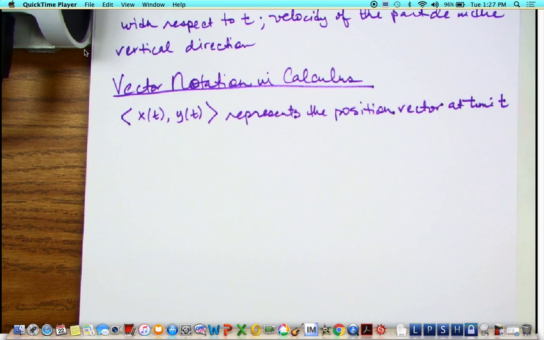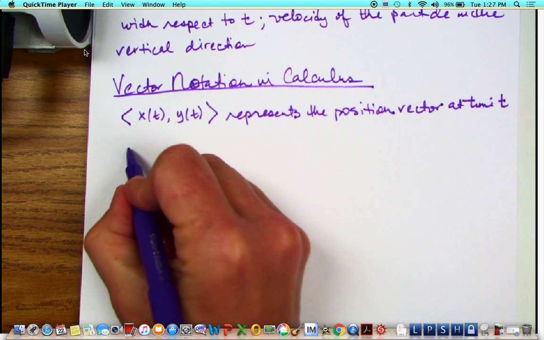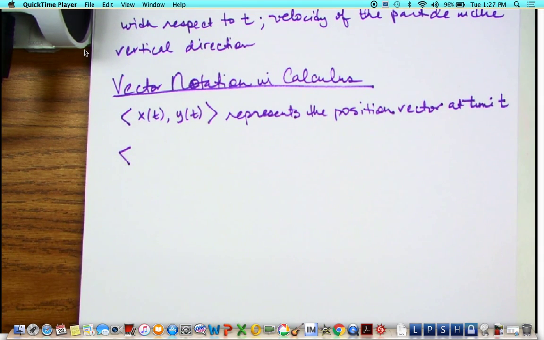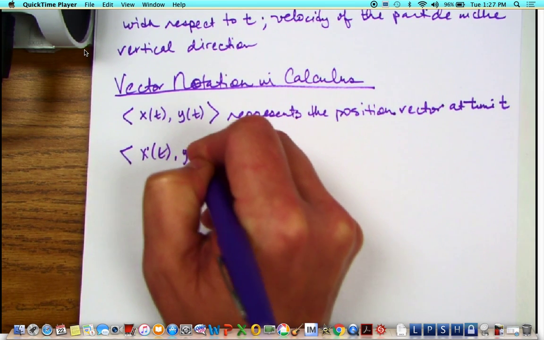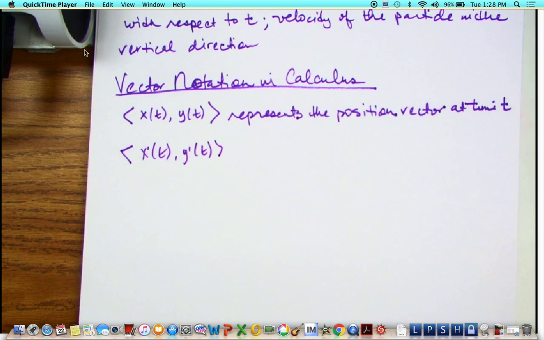And then if you're asked for a velocity vector, do you have any thoughts on what you might do there? Changing y over changing x. x prime of t and y prime of t would be your velocity vector. So it differs from parametric in that regard.